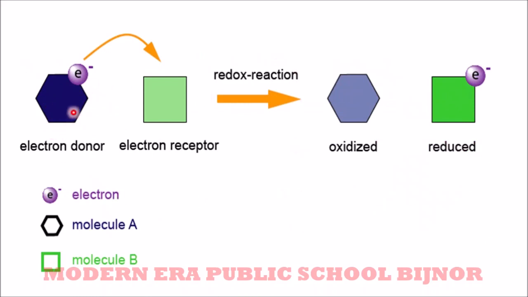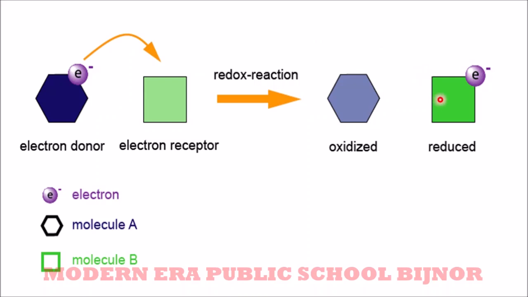So in a redox reaction, one is the electron donor and another is the electron receptor. The electron donor supplies the electrons to the electron receptor, and because oxidation and reduction are both complete, it becomes a redox reaction. The substance which supplies the electrons is said to be oxidized, and the one gaining the electrons, the receptor, is said to be reduced.